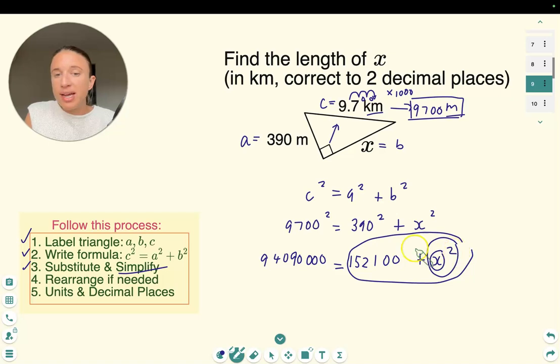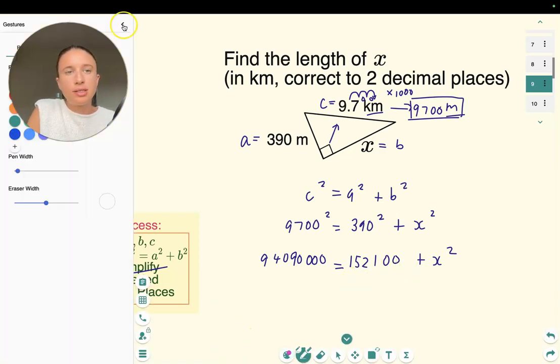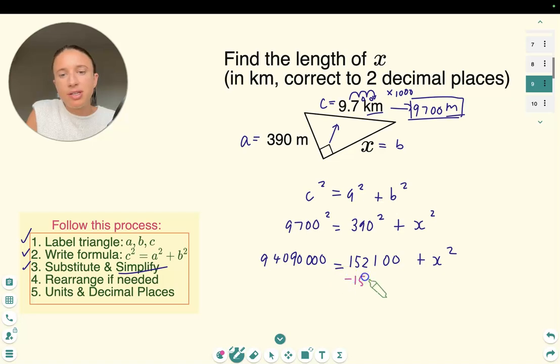It's not the squared, it's going to be this 152,100 that is moved first. Because it's being added, there's an invisible plus sign there, you're going to subtract it on both sides.